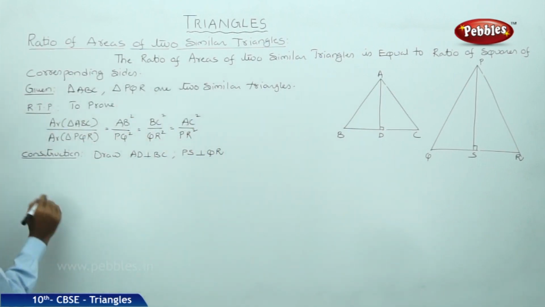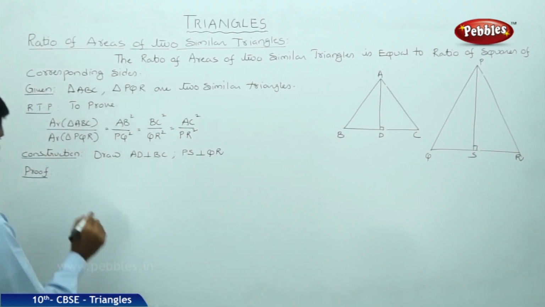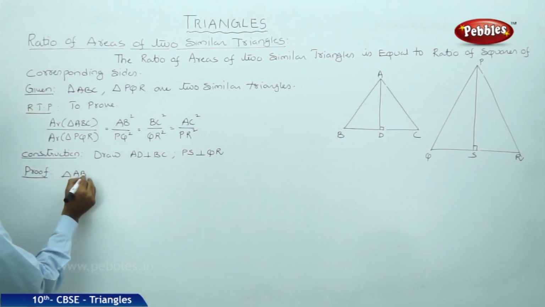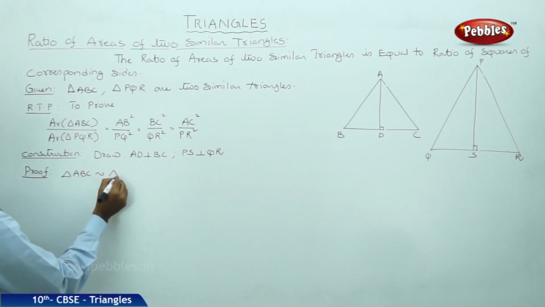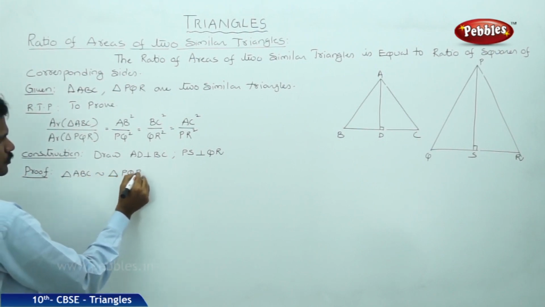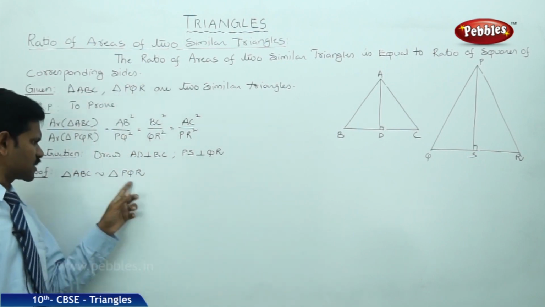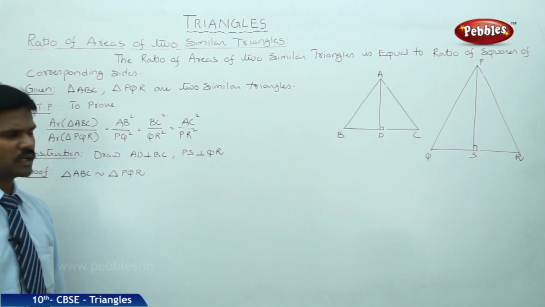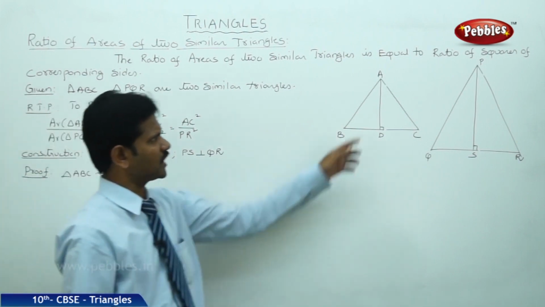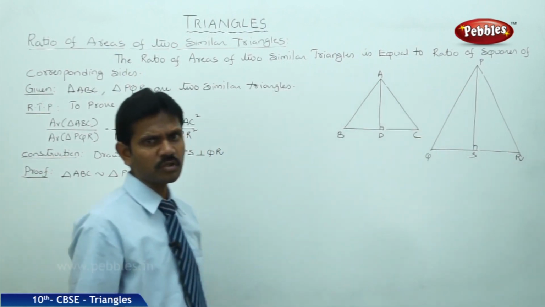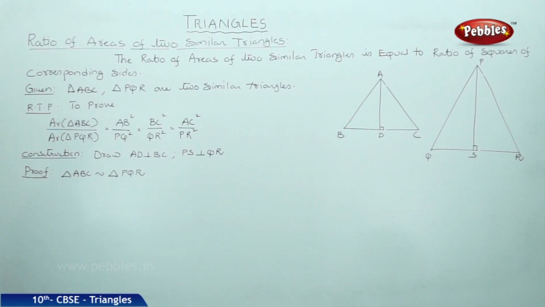Now proof. Triangle ABC is similar to triangle PQR. Two triangles are said to be similar under two conditions. Condition number 1, their corresponding angles are equal. Condition number 2, their corresponding sides are proportional.